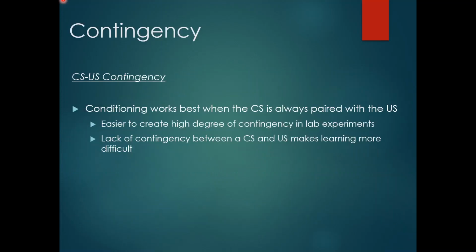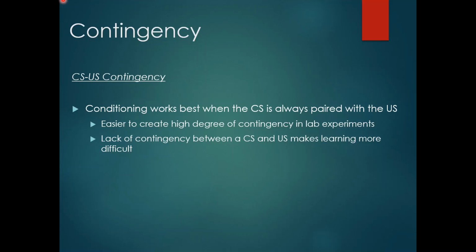The next variable that heavily impacts classical conditioning is the idea of contingency, and this is very important. Conditioned stimuli, unconditioned stimuli contingency means that when one happens, the other happens.